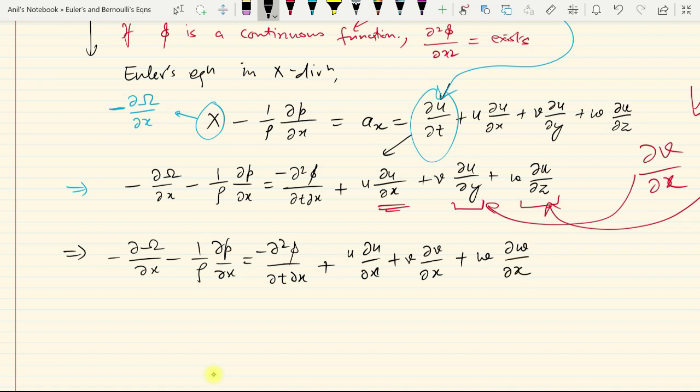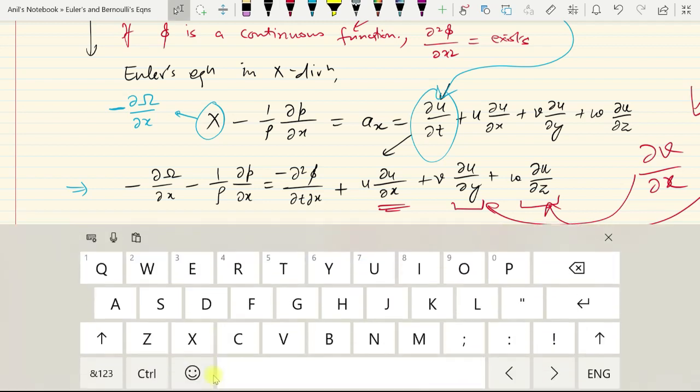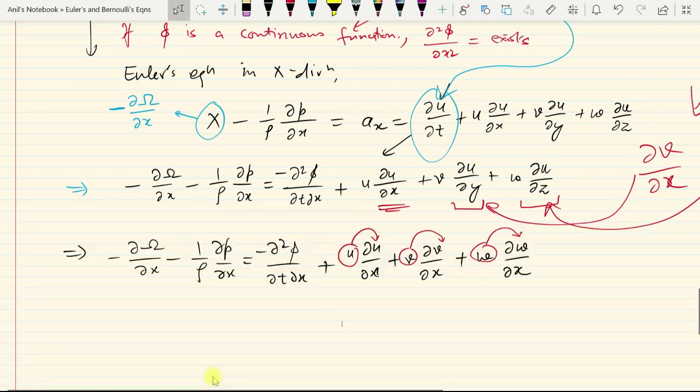Now we can shift these u, v and w under the sign of differentiation, and we can write them like this: minus del square phi by del t del x plus del by del x of u square by 2.